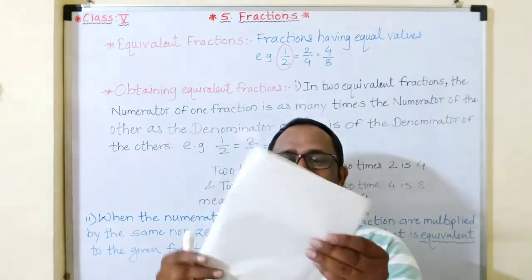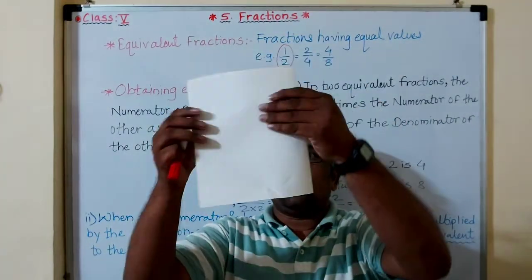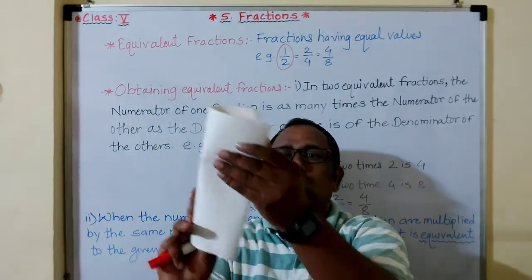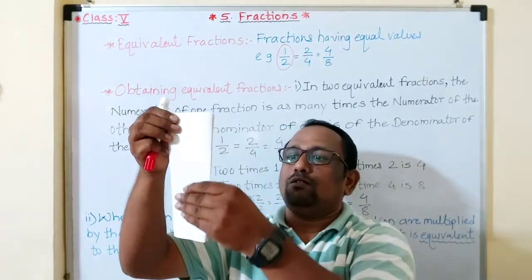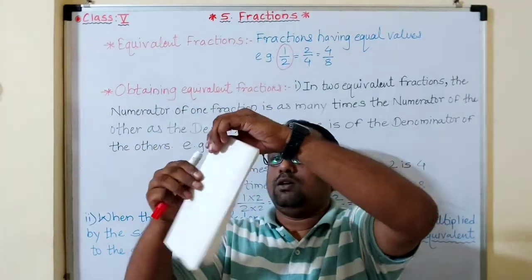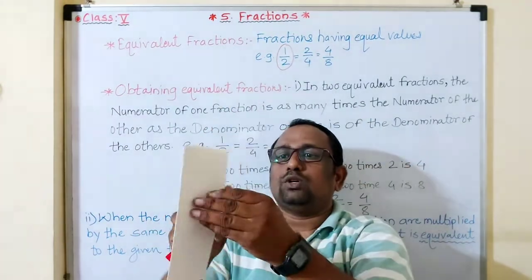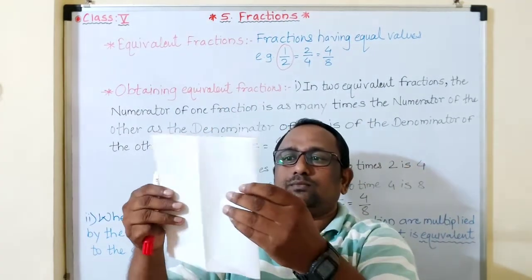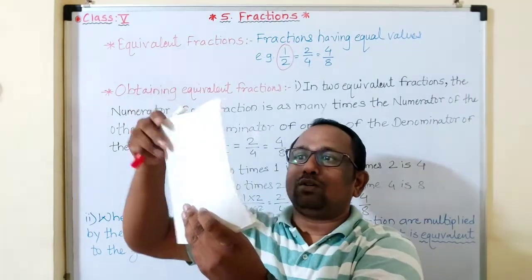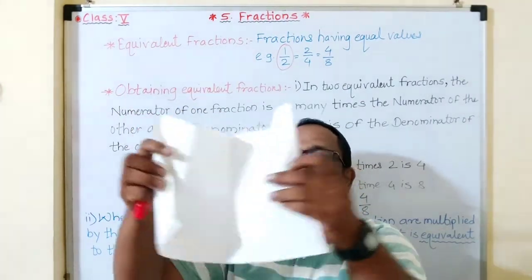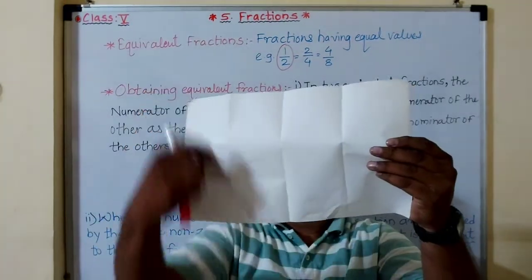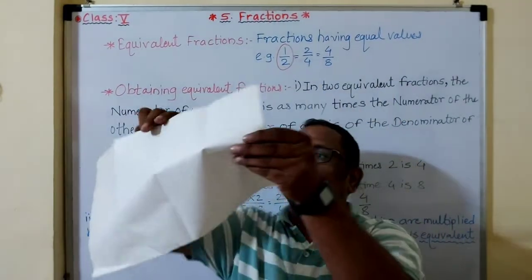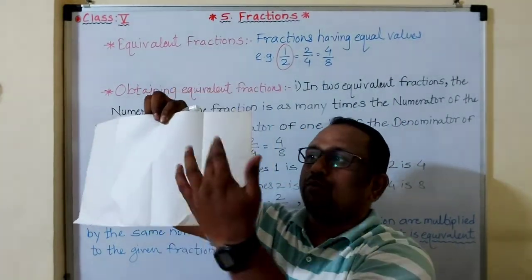Now if I fold this half again, then students, if I open this, actually here 2 and here if I open, you can see the lines: one part, second part, third and fourth.